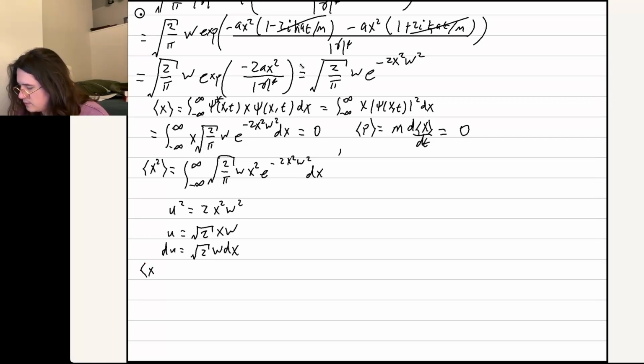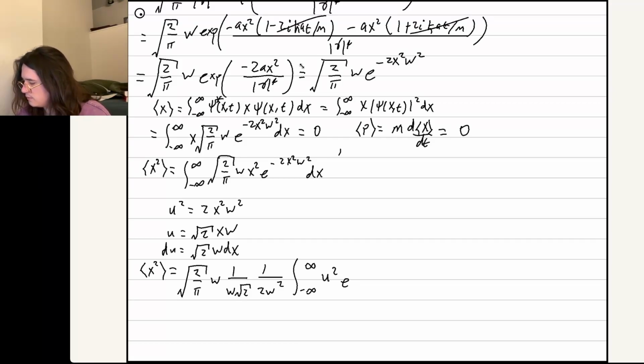So now we have that x squared will be root 2 over pi, w, 1 over w root 2, 1 over 2w squared, integral from minus infinity to infinity, u squared e to the minus u squared du.